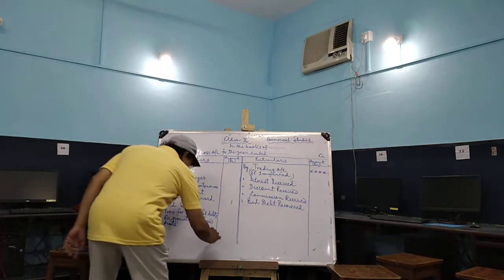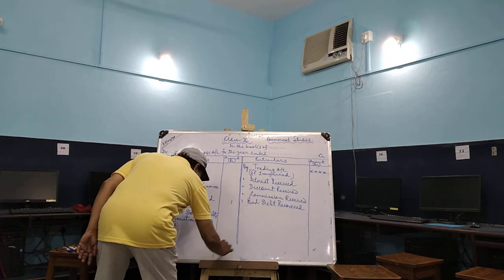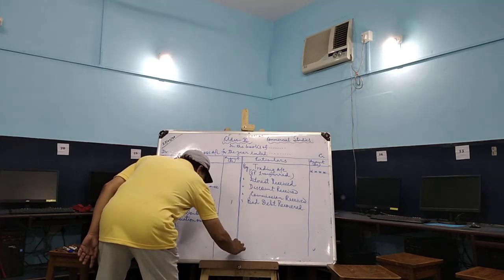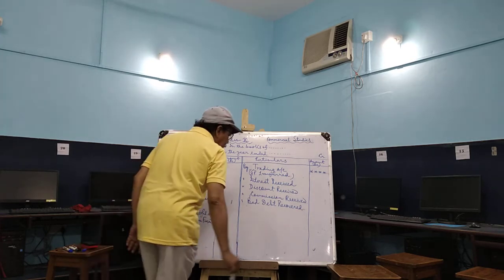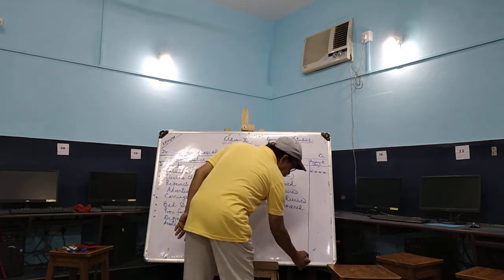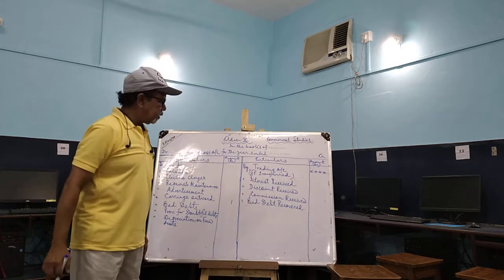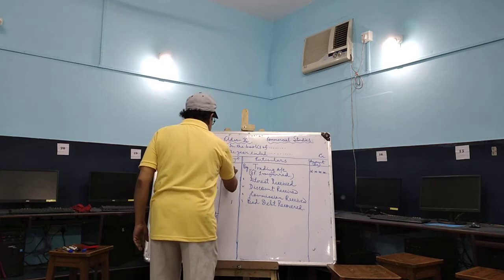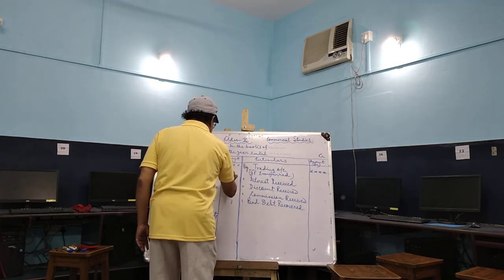So after including all the expenditures on the debit side, what we have to do? We have to gain balance on both the sides.